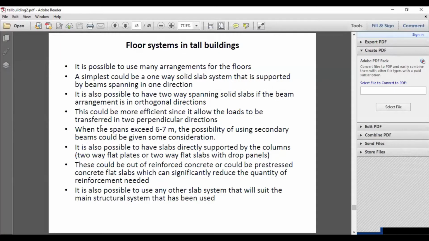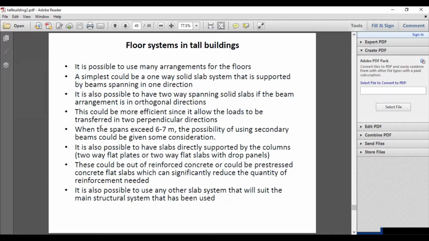Otherwise, if the foundations are too close, they will overlap each other. To prevent that, generally we go for spans like 6 to 7 meters as a minimum in tall buildings, but sometimes you can use something like 7.5 meters and even up to 9 meters.